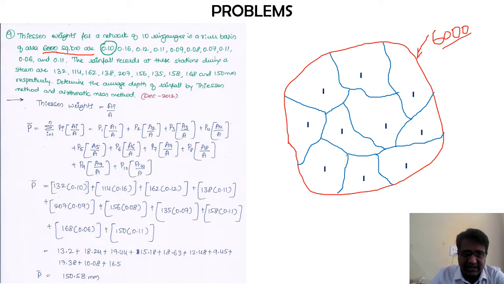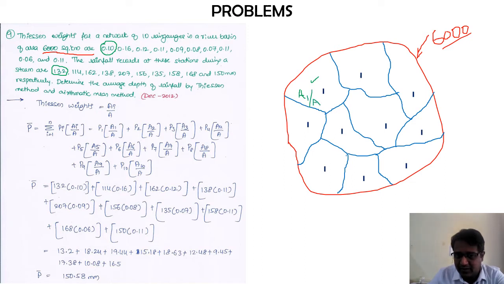The rainfall collected over here is how much? 132 mm. And the Thiessen weight they have given is 0.1. If I imagine this particular section as the data for this 0.1 and 132, and call this the first area, then it will be A1 divided by the total area.